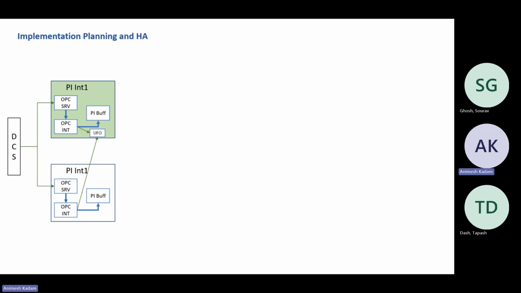Right now, if one OPC interface goes down, another takes its place, but this interface is collecting data from this OPC and that interface is collecting data from that OPC, though the data is identical.